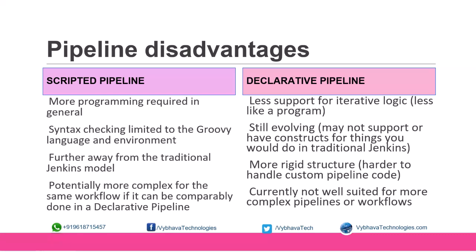So DSL or Groovy is what the Jenkins pipeline will have in the scripted pipeline. In the declarative pipeline, the ability is still evolving, new plugins are still coming, and they're adding more and more declarative pipeline abilities with a UI front end.